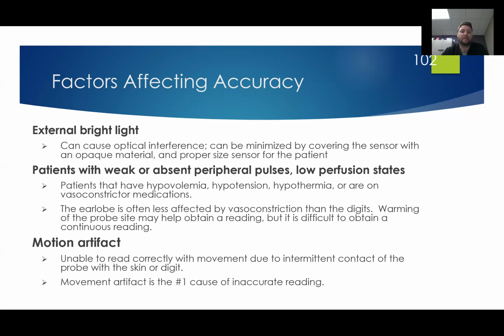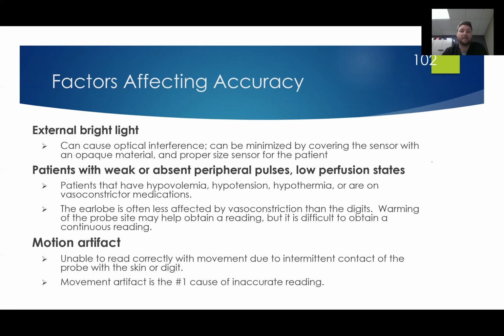Another one is if patients have weak or absent peripheral pulses, or low perfusion, because we read the SpO2 on the fingers, the toes and the ear, which are the least perfused areas. So if the person has low blood pressure or is on vasopressor drugs, they may not get a good reading. Other things that could cause low perfusion would be hypovolemia, so low blood volume, low blood pressure, low temperature, being on certain medications.